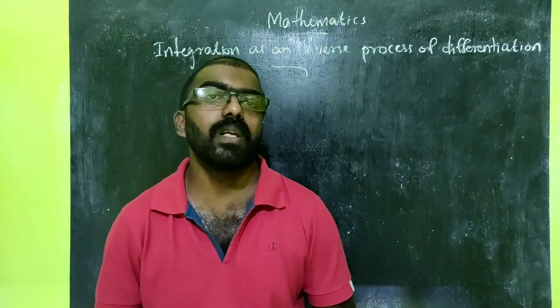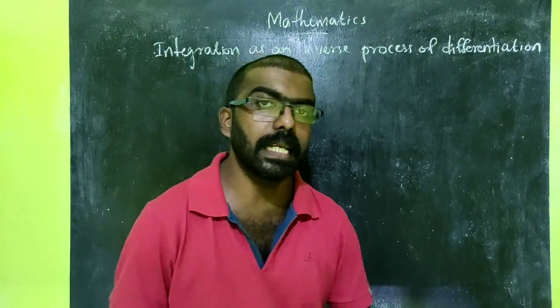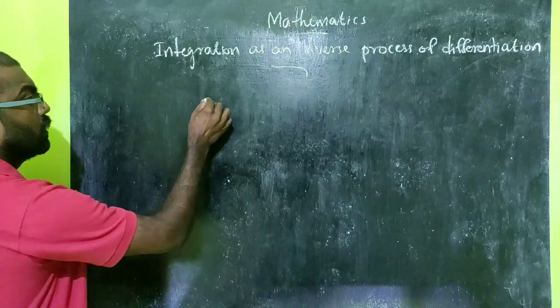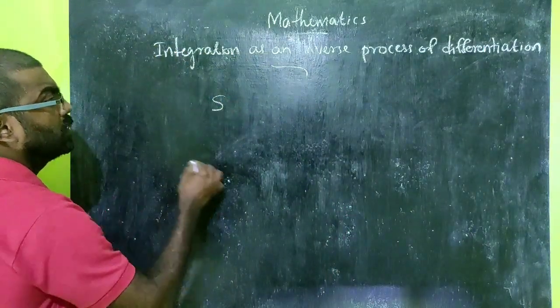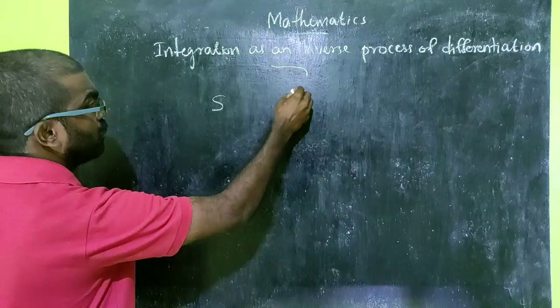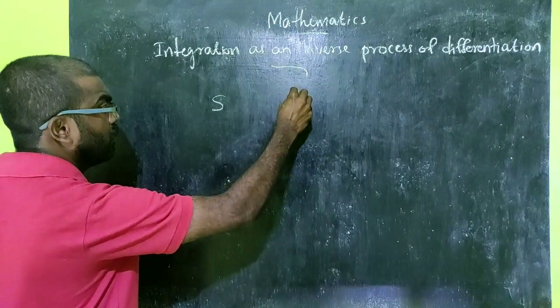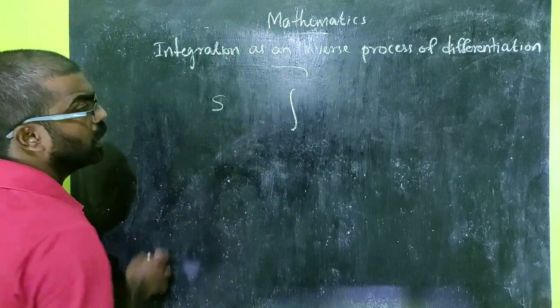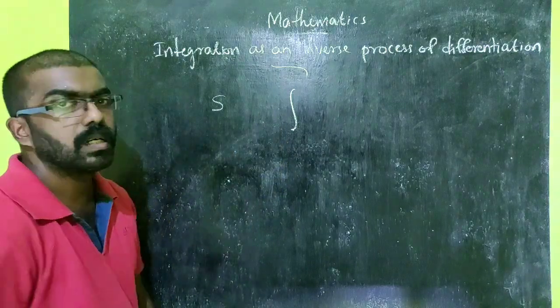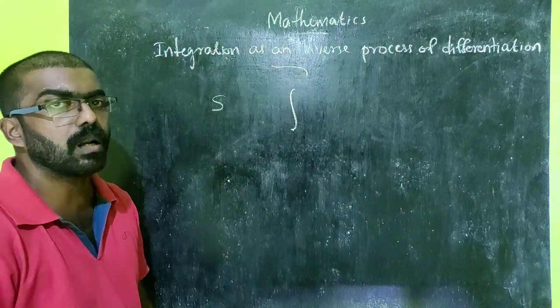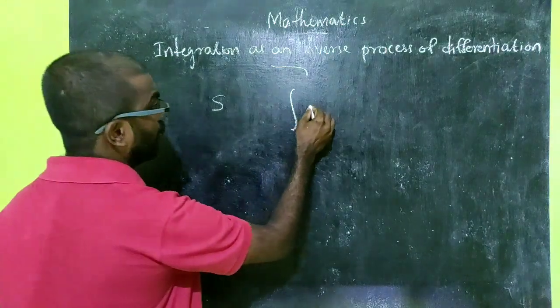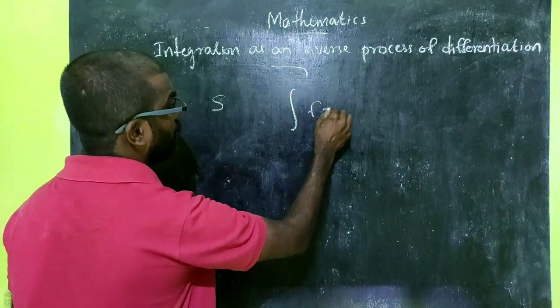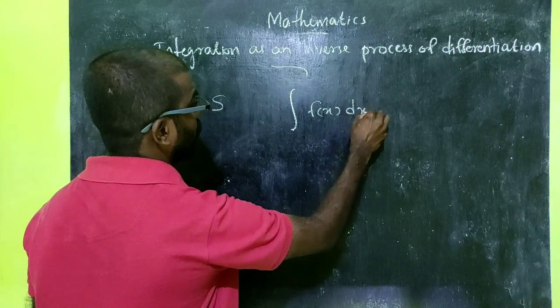Here we introduce a new symbol for integration. An elongated S is used to denote integration. We draw it like this. This symbol is used to denote the integral of a function, and we write it as integral f of x dx.